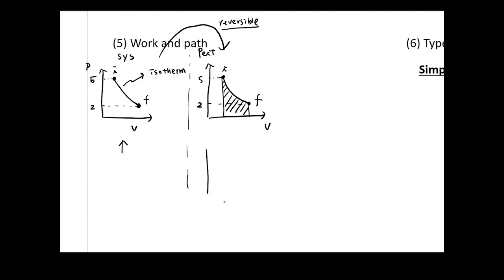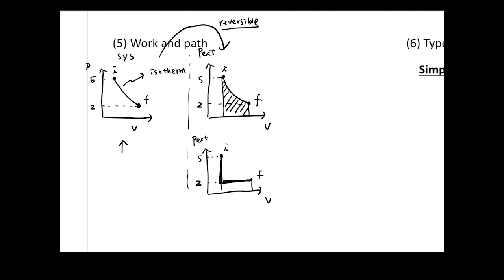So if you plot that situation, it will look more like this. Your P external starts from 5 and ends at 2. So what's going to happen is you go from 5, P external is actually 5, you go down here, and then you change your volume.